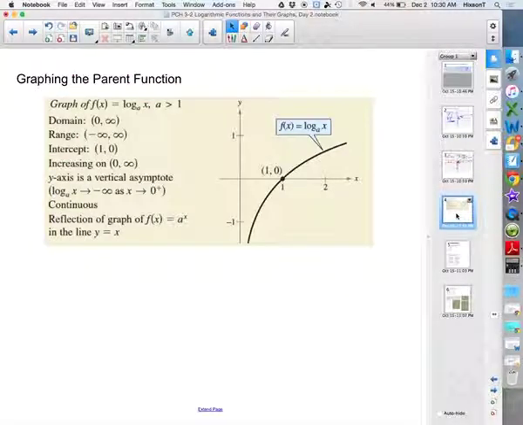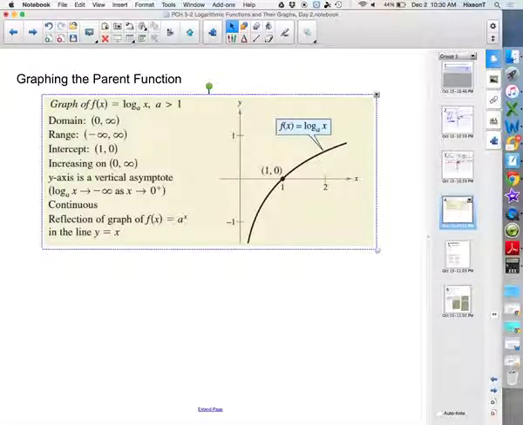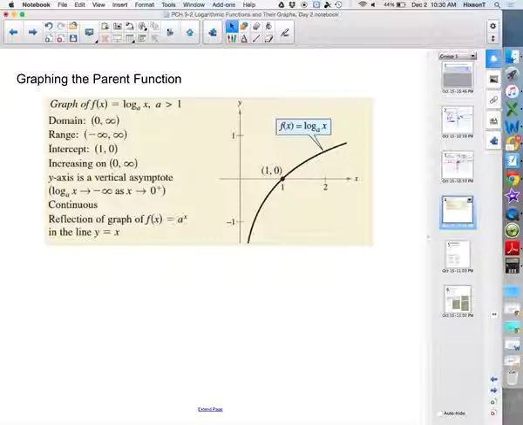Alright, so just to wrap things up here, remember we always hit the point (1, 0). We're always going to hit the point (a, 1), whatever a is. The domain is always x greater than 0. The range is the real numbers. The x-intercept is (1, 0).